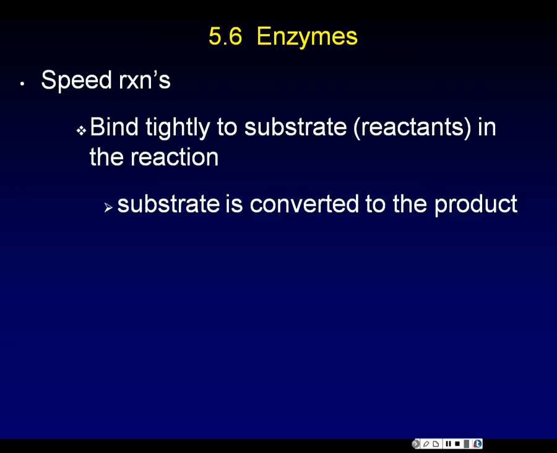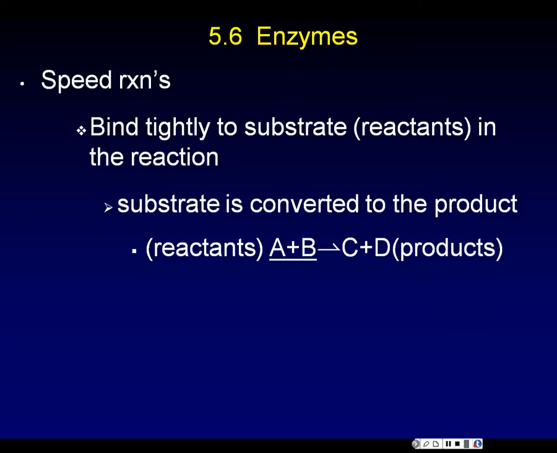Okay? And we'll talk more about that when we get there, because we'll talk about the coenzymes and what they do too. Some people got that right on the test, not very many, but got what a coenzyme does, because they're often going to be involved in these reactions as well. So it says you have your reactants, A plus B, but then they're going to be changed to what? The products, C plus D. So the glucose is being converted to who? Carbon dioxide.